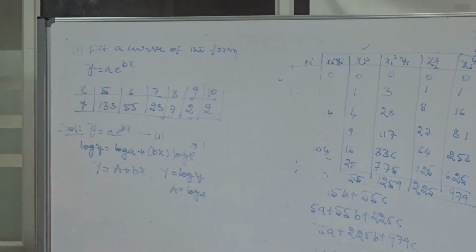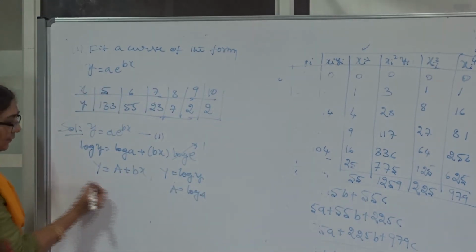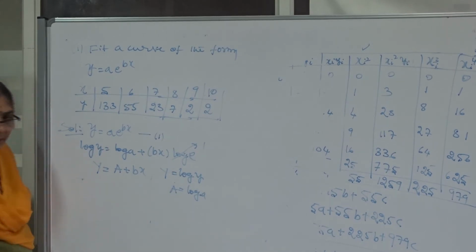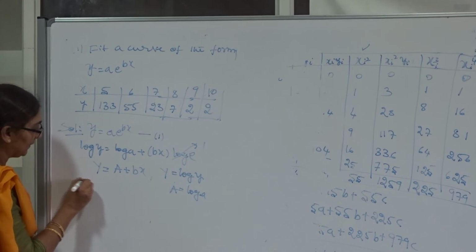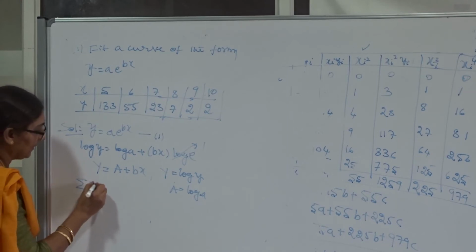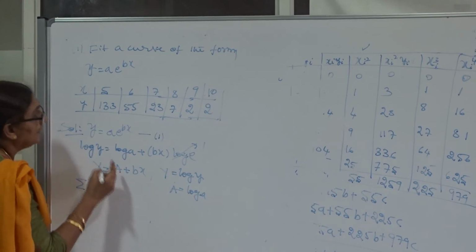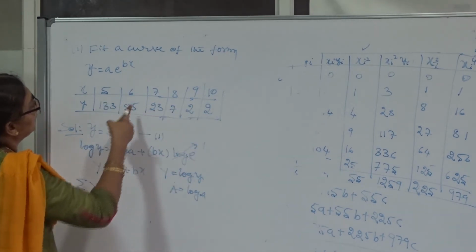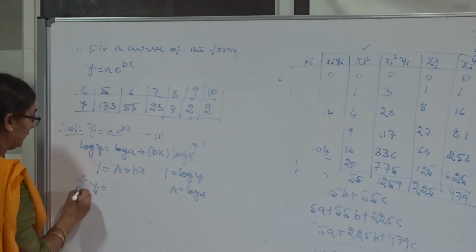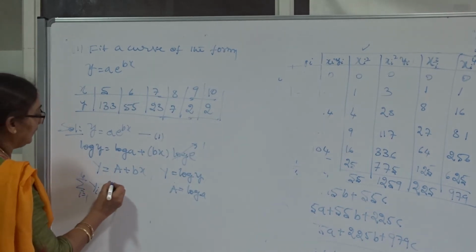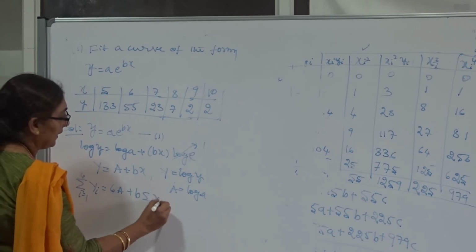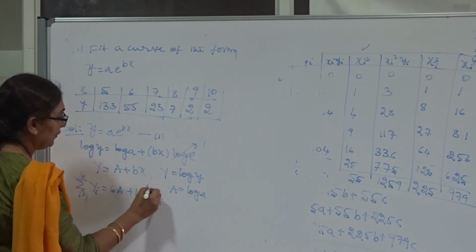Now I am going to write the normal equations. You know how to write the two normal equations. What are the two normal equations I am expecting here? Sigma yi equals, this is repeated how many times? 1, 2, 3, 4, 5, 6. Therefore 6a plus b into sigma xi, i ranging from 1 to 6.